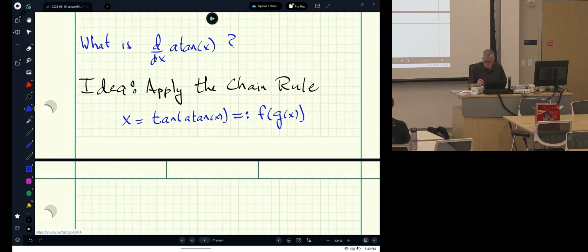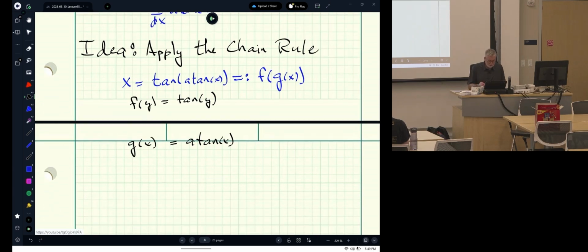Why is it the chain rule? Because I've got a composition of functions. f of y is tangent of y, and g of x is arctangent of x. Okay? Let me call this star, and let me differentiate both sides of star.